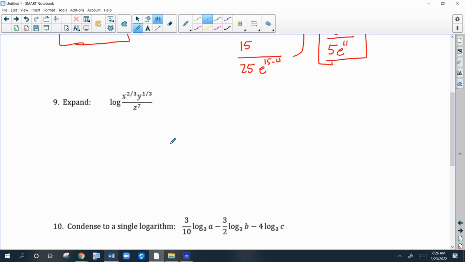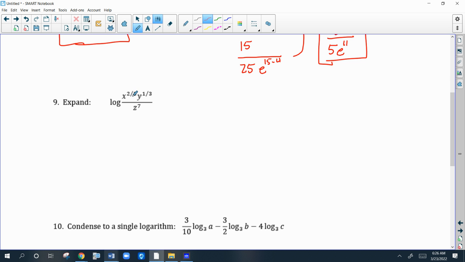Expand the logarithm. So when we expand, you're going to expand this out into a whole bunch of logs with pluses and minuses, and make sure you bring the exponents down. This should be done in pretty much one step. Everything up top is a positive log with the exponents as their coefficients, and you're bringing the exponents down, in other words, and everything on the bottom should be minus log.